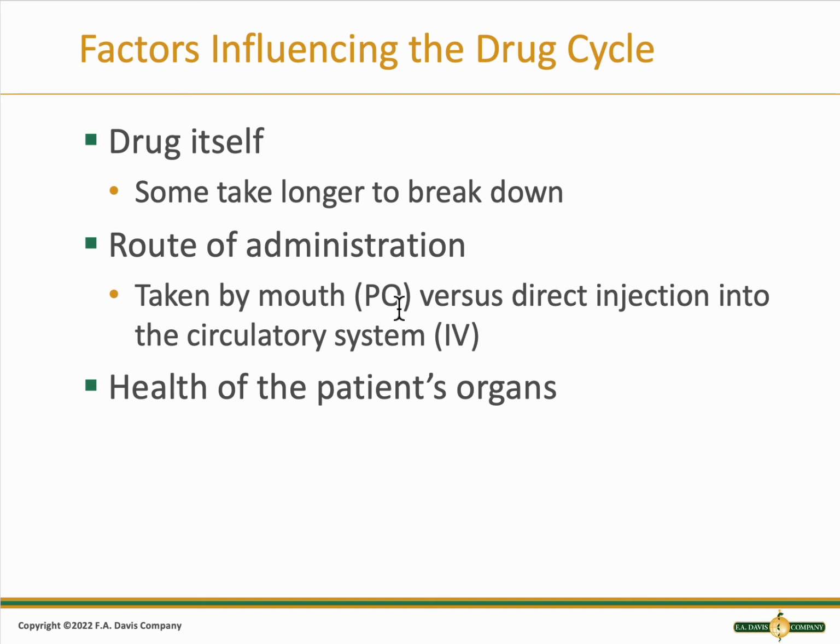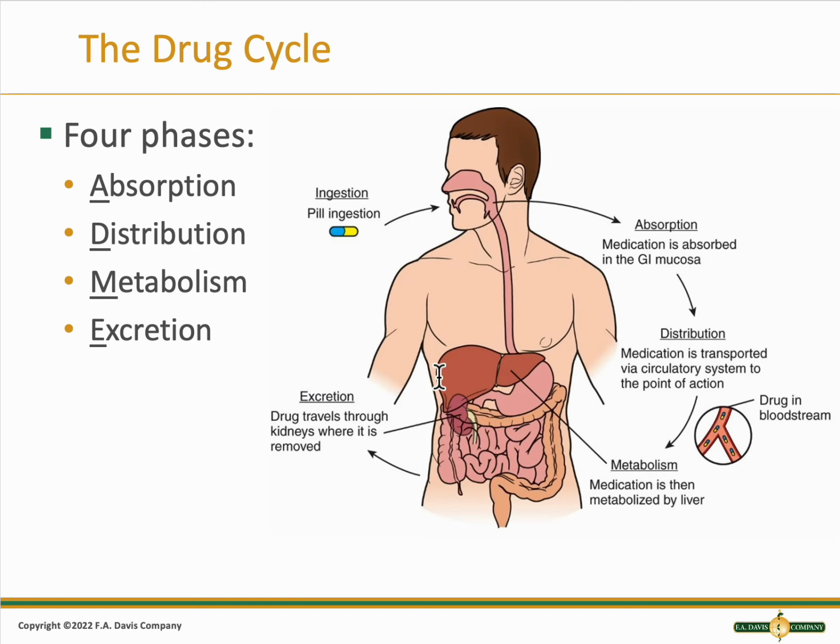Route of administration: taken by mouth versus taken by direct injection into the circulatory system. PO is by mouth, and through the circulatory system we put IV, which stands for intravenous. By mouth is slower than intravenous, but that's okay. We don't always want to give drugs IV.